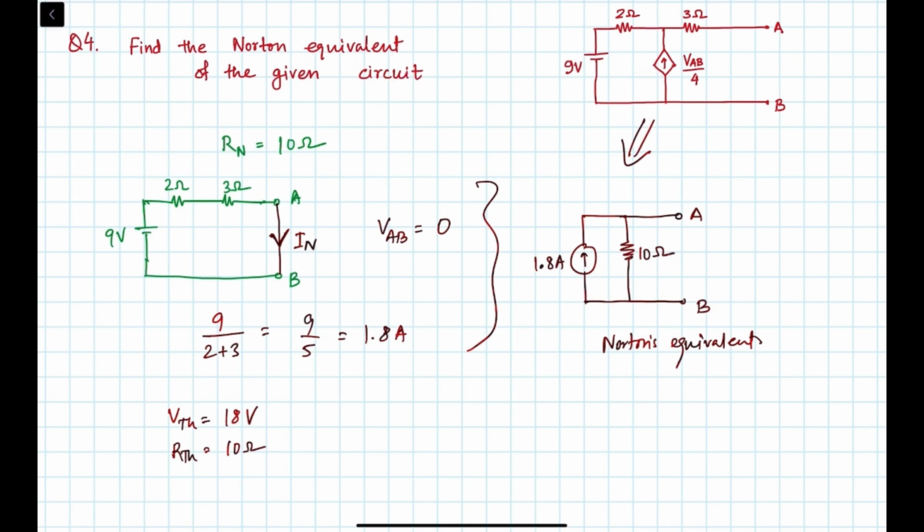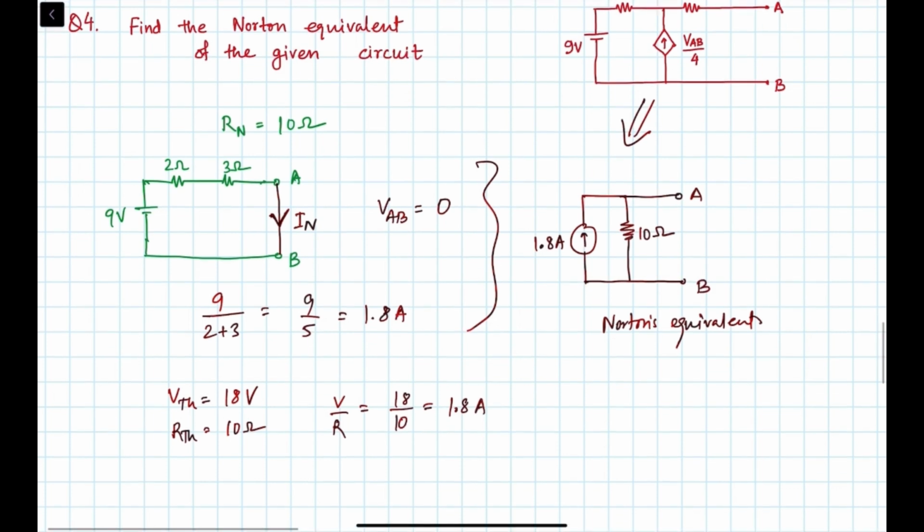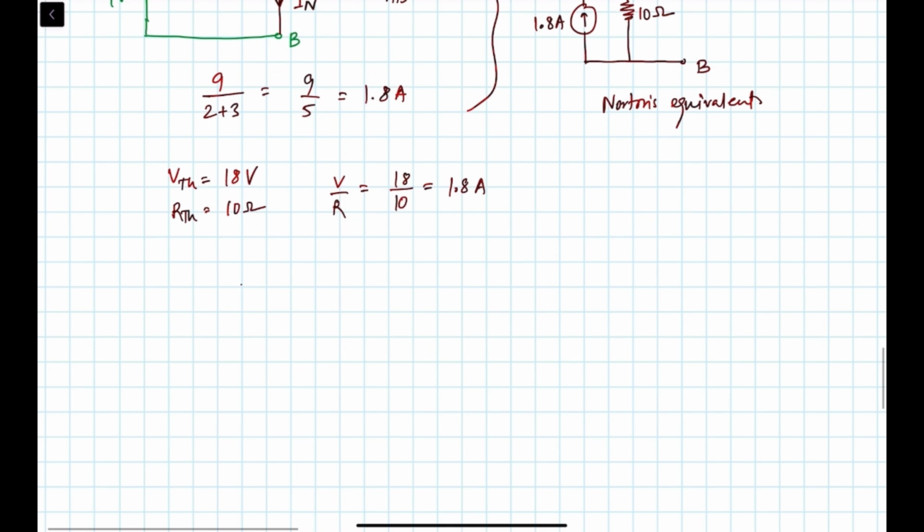So you can see here, if I do V by R, you will get the current is equal to 18 by 10, that will be 1.8 amps. So basically when you have a voltage source and a resistance like this, you can convert this to a current source and a resistance in parallel using this method.